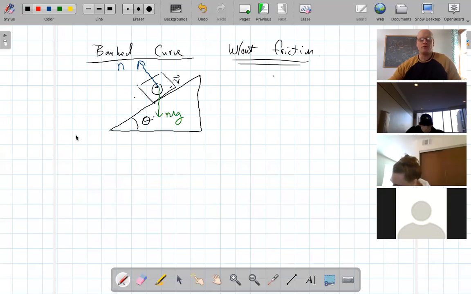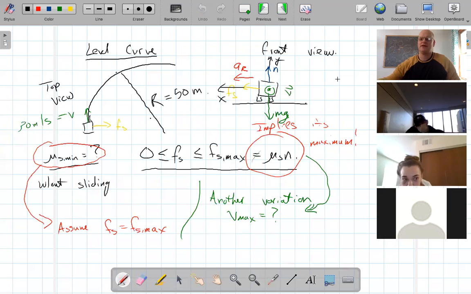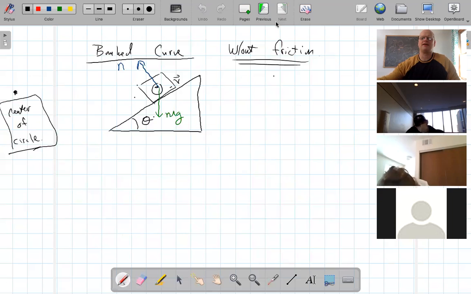Meaning I want to go through the circle, right? If I'm heading towards us, that means the center of my circle is somewhere over here. So this is the center of the circle. My question then becomes, what is the direction of the radial acceleration for this thing to make it through the circle? What do you think? Should it be up the plane or down the plane or something in between?